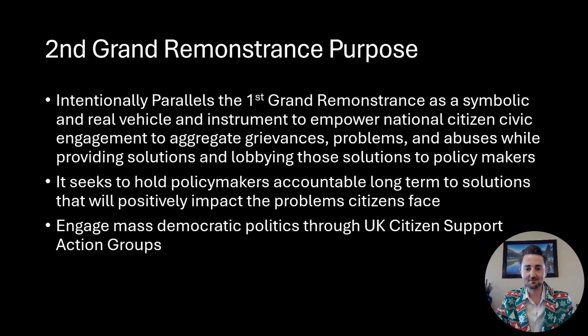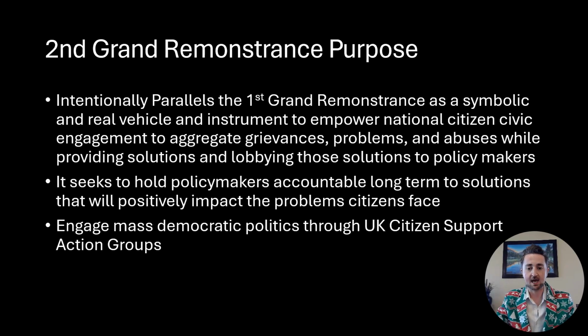And it is a real vehicle in the fact that the Second Grand Remonstrance utilizes UK citizen support action groups to engage and collectively organize citizens to be able to better collect grievances, problems, and abuses, and then also researching and providing real solutions and lobbying those solutions to policymakers.